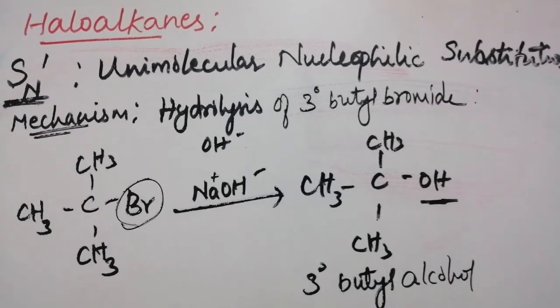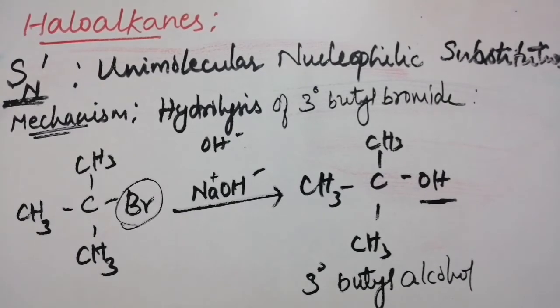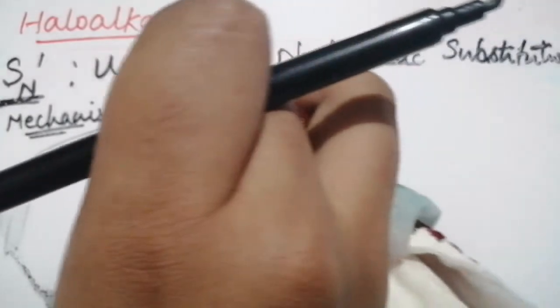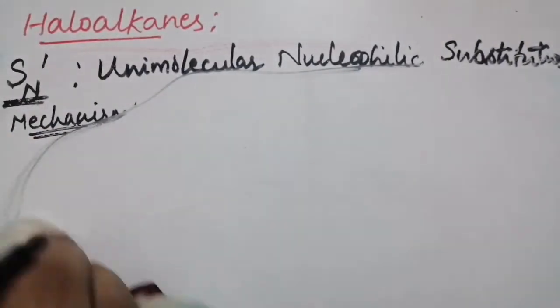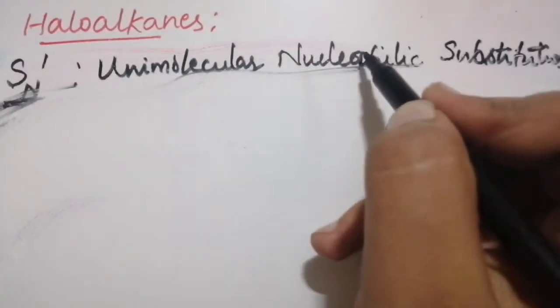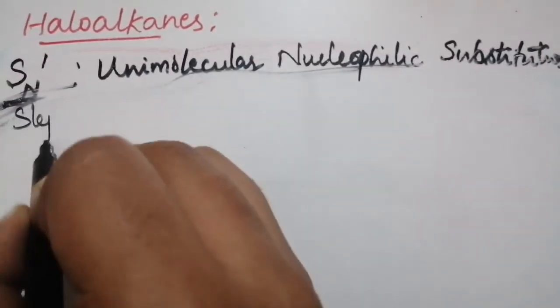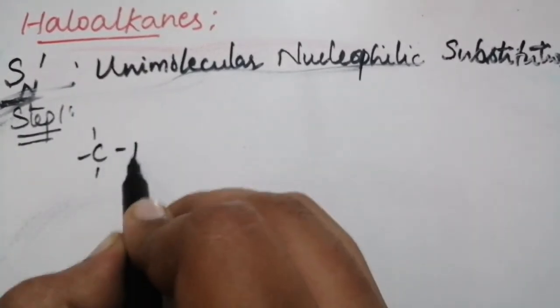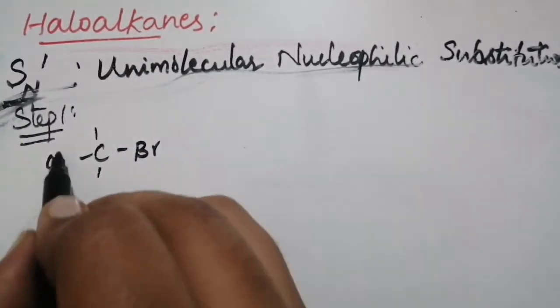2-step reaction. How will we see that? Step 1. In my SN1 reaction, step 1 is hydrolysis of tertiary butyl bromide. In the mechanism, step 1, I have my tertiary butyl bromide.